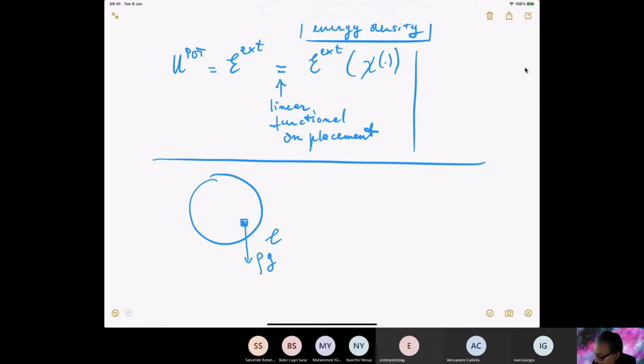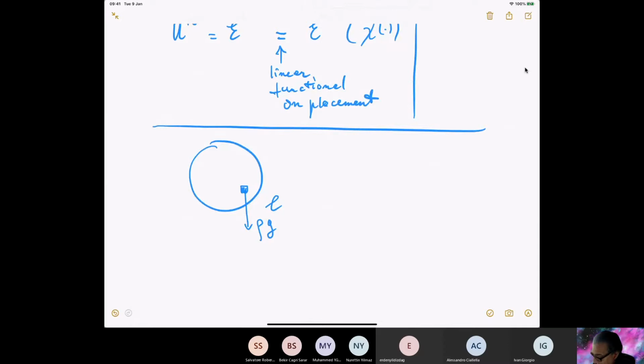And it is very well known that a material particle under gravitational force has potential, this scalar quantity. Here you have the inner product between the gravitational force and the placement. And in this way, you calculate the component of placement with respect to the direction of the gravitational force.